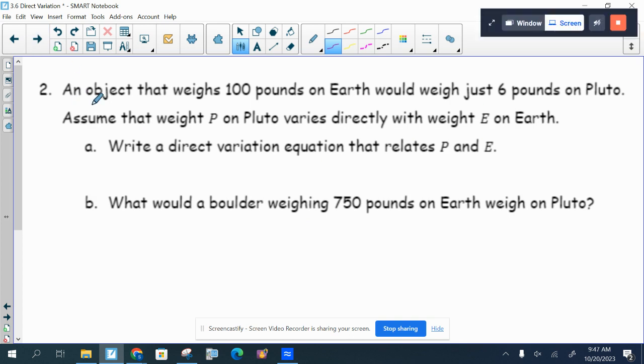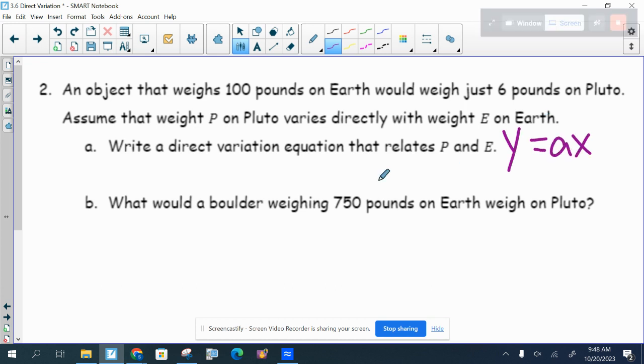Okay, and then let's do the next one. An object that weighs 100 pounds on Earth would weigh just 6 pounds on Pluto. Assume that the weight P on Pluto varies directly with weight E on Earth, which means that you can write it as a direct variation equation.